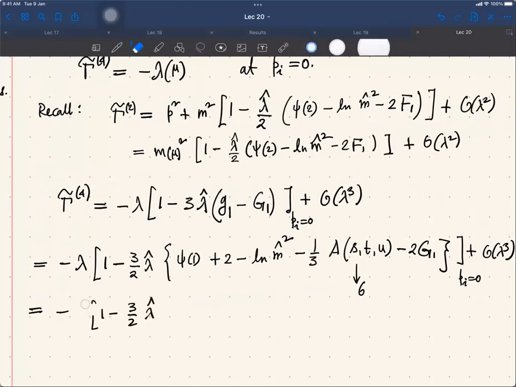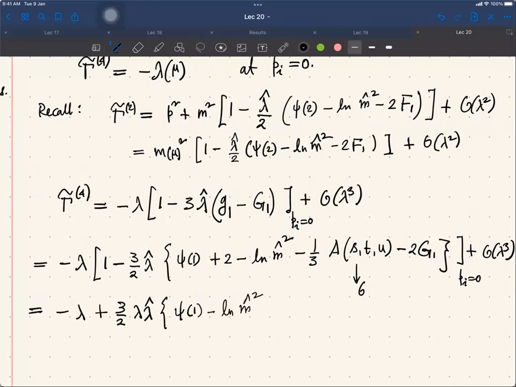So you could write it as minus lambda plus 3 by 2 lambda hat psi 1 minus log m hat square minus 2g1.